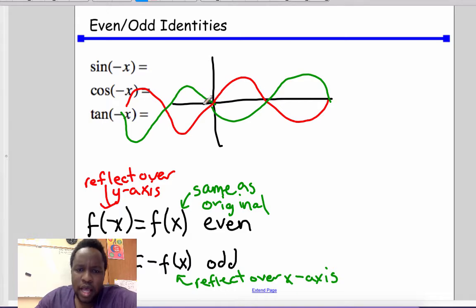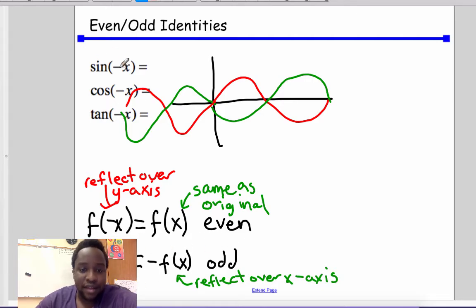So does it look to be the same exact thing, or does it look to be reflected over the x-axis? Yeah, the red one is reflected over the x-axis to the green one. So we would say that sine is an odd function.